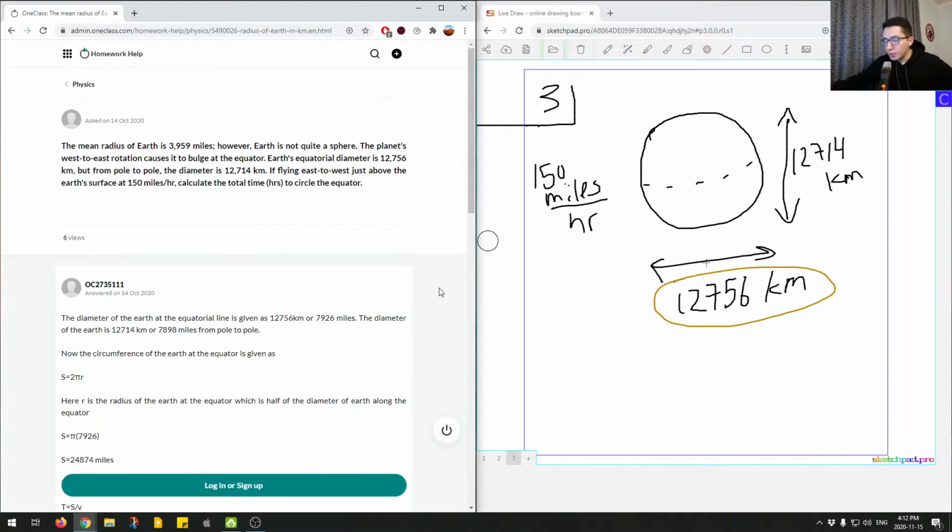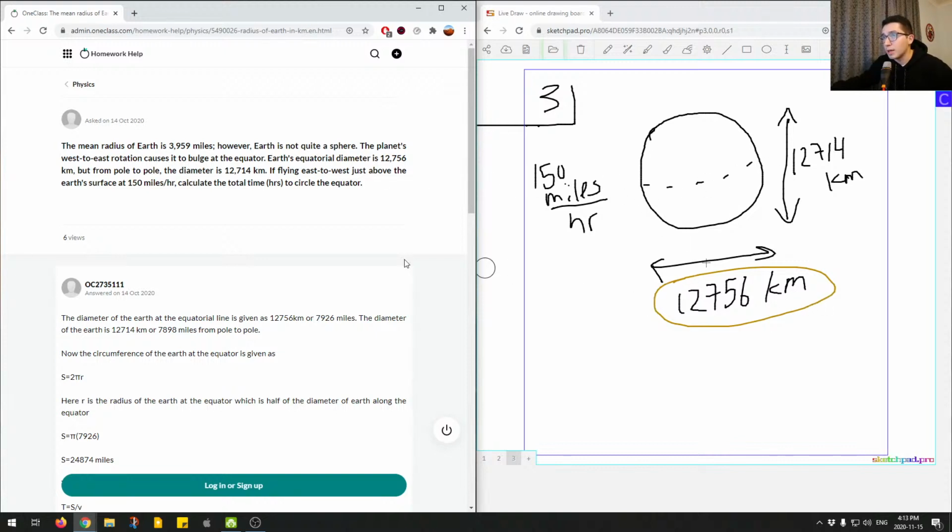So right away we can see that this is in different units. We have kilometers and miles per hour, and then here the mean radius. It gives us this radius as well, but I don't think this is really relevant to the question. We're talking about using the diameter around the center, so the equator.